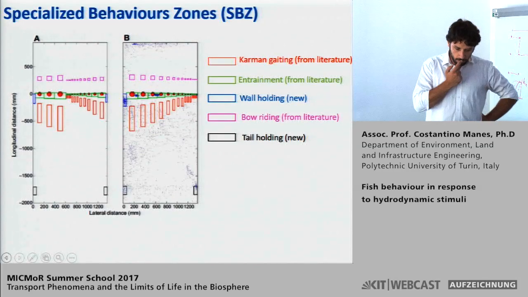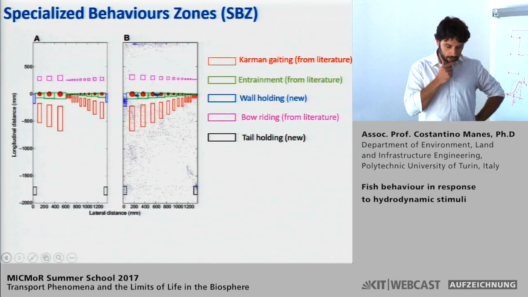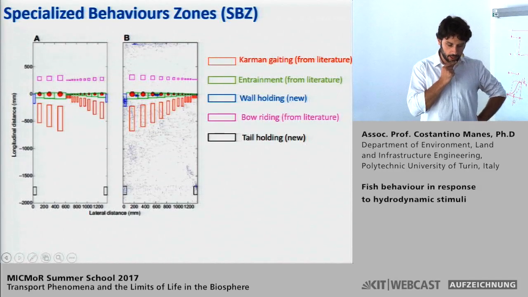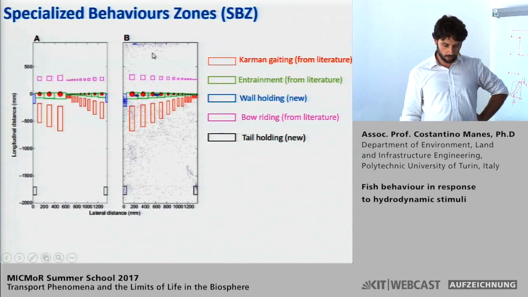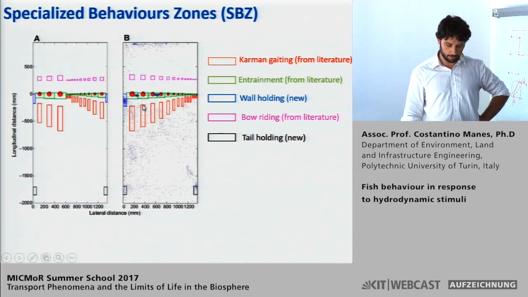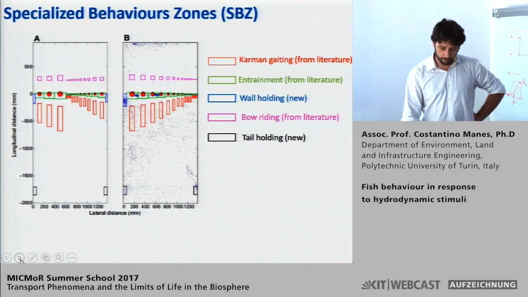Furthermore, we identified all those areas within the test section where specialized behavior zones could occur. If you remember, we talked about Karman gaiting, which was known from the literature. So by analyzing the data from the numerous papers on Karman gaiting, we could get a sort of definition of an area where Karman gaiting could occur, which depends on the cylinder diameter and the size of the fish as well.